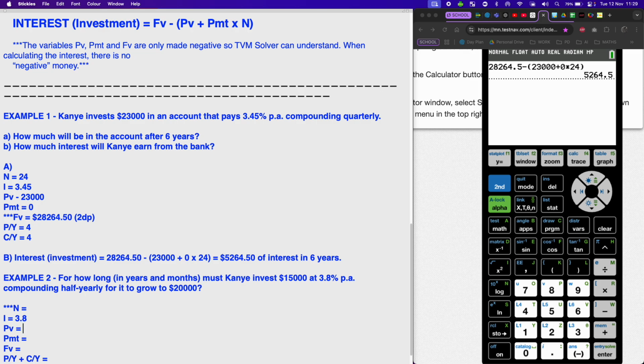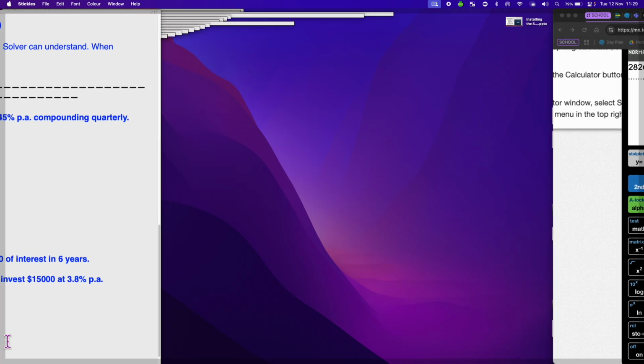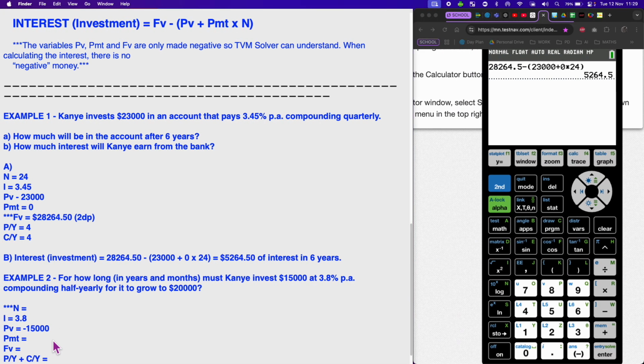Because it's coming from him going into the bank. Good. Negative 15,000. Does it say anything about Kanye making regular payments into the account? No. He just says he's putting 15 grand in there, letting it grow. So PMT is going to be 0.